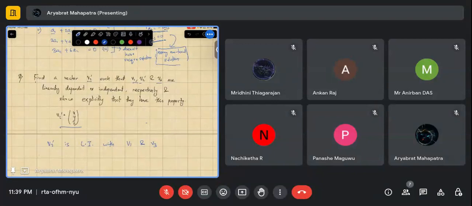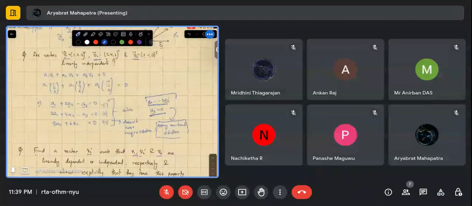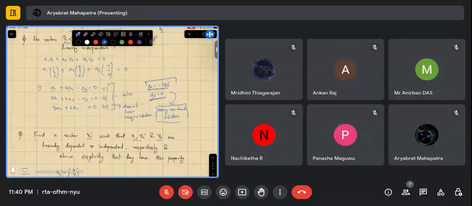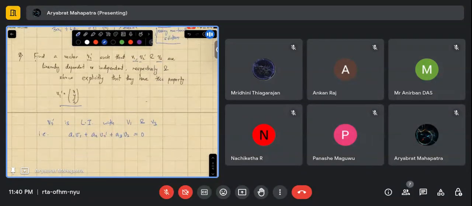That means you can write a1 v1 plus a2 v2 prime plus a3 v3 equals 0. Basically, that was the condition I have written here. If that is so, then that implies a1, a2, and a3 all individually go to 0.